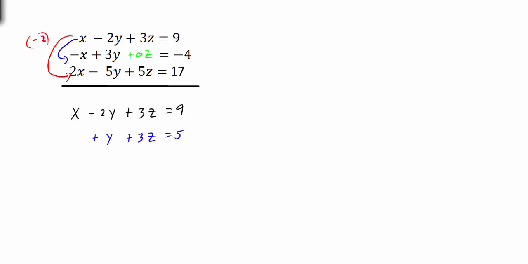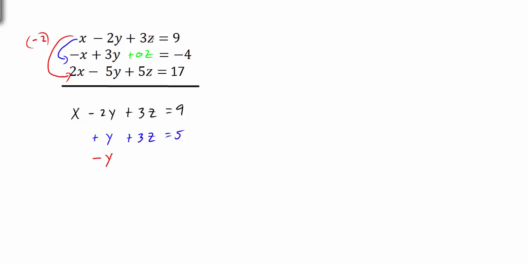Then we would take the negative 2 and a negative 2y. That's going to give us a positive 4y. So 4y and then minus 5y is going to give us a negative y. Then we're going to take the negative 2 and multiply that by the 3z. That's going to give us a negative 6z.